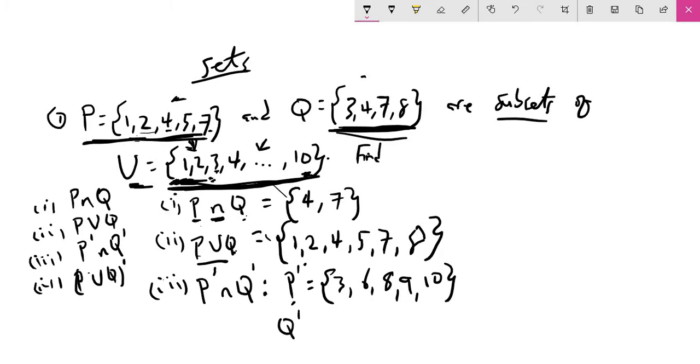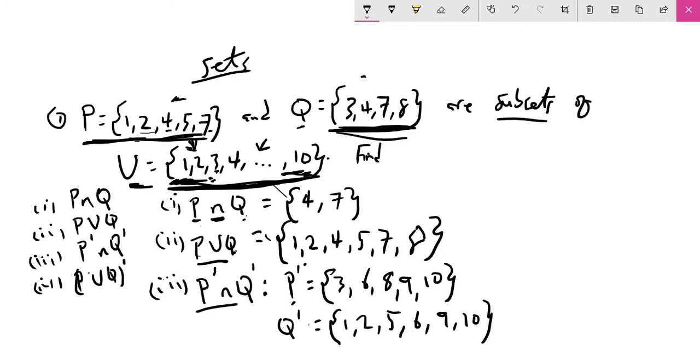Similarly, Q complement is all elements that are not found in Q but are within the universal set. So we have {1, 2, 5, 6, 9, and 10}.